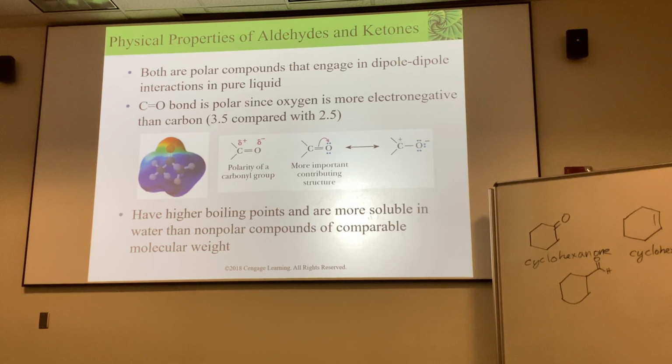Physical properties. Okay, so carbonyls are polar, right? They engage in dipole-dipole interactions in the pure liquid. We're not going to have hydrogen bonding among aldehydes or among ketones, because we don't have the special hydrogen for hydrogen bonding.